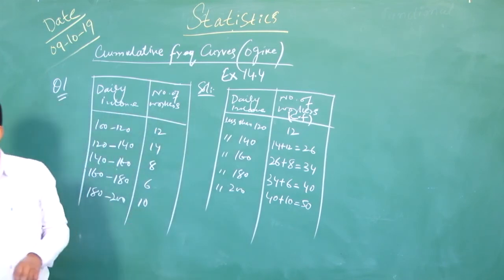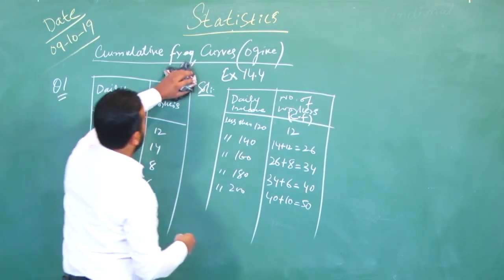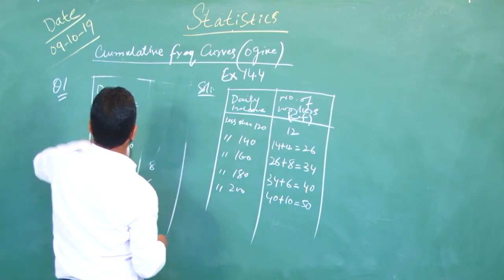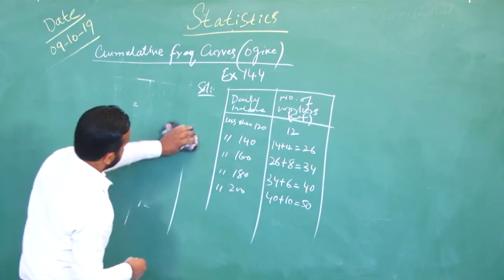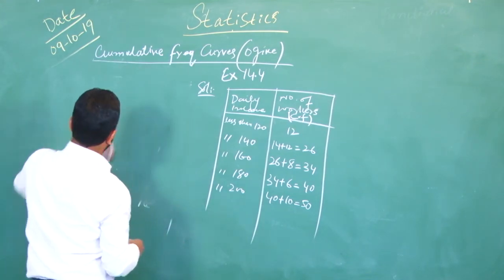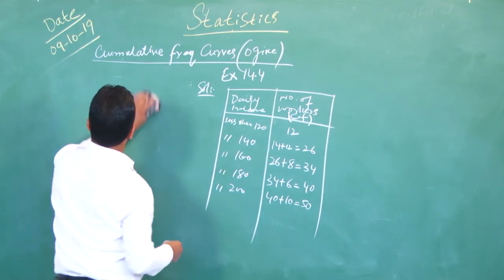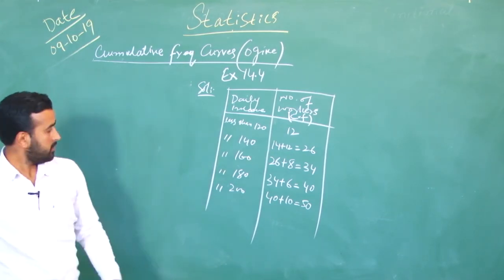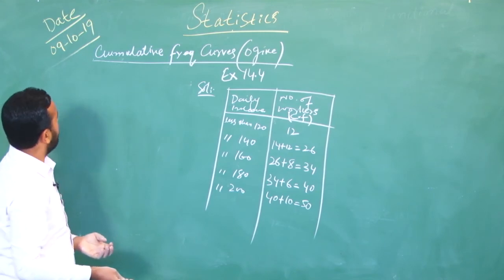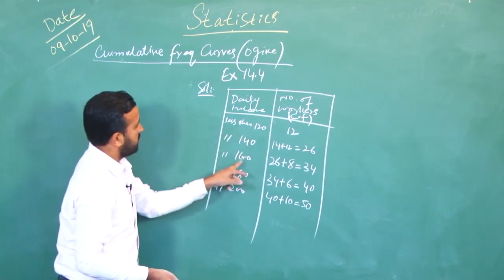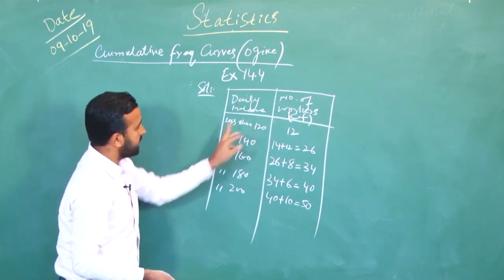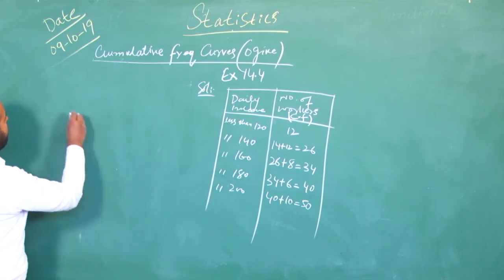Now let us see how to draw the ogive of this data. We have to draw the variable under study, that is the daily income, along the x-axis.